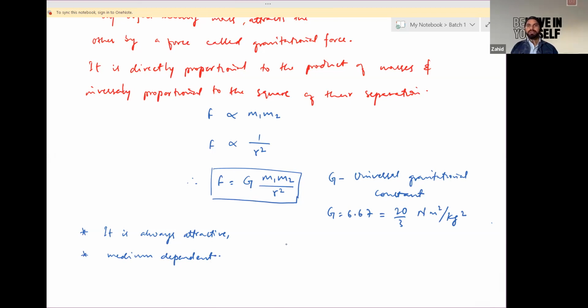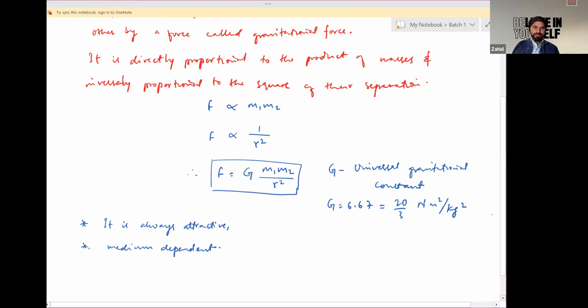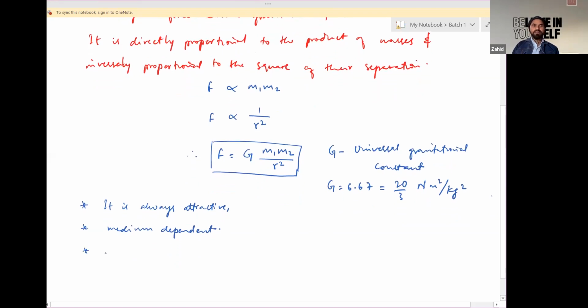It will be the same either in vacuum or in any other medium. Next, it acts along the line joining their centers, so it is also called a central force.